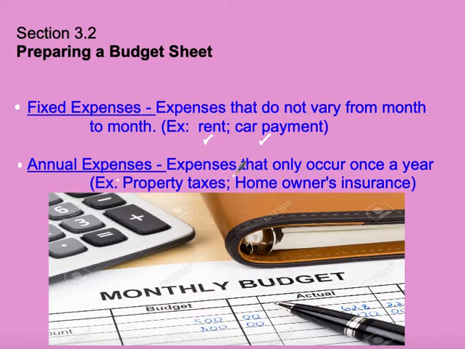Even though those payments only come at one time, we have to set that money aside every month so when that payment becomes due, you have the money in your account to make that big payment. So we have to include our annual expenses in our monthly budget sheets as well.